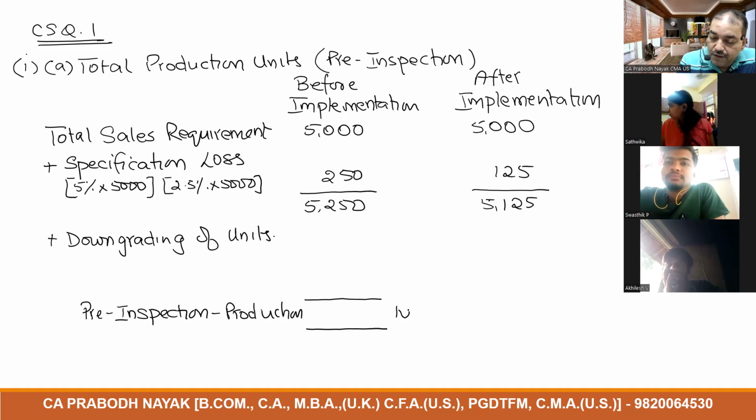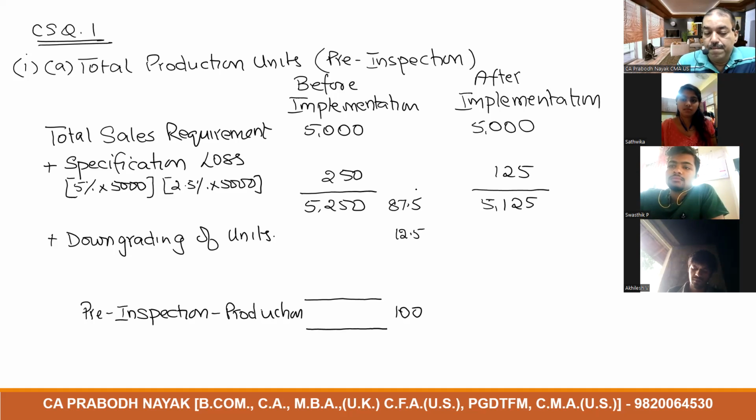If it is 100, my downgrading is going to be 12.5. So 100 minus 12.5 is 87.5. Correct?